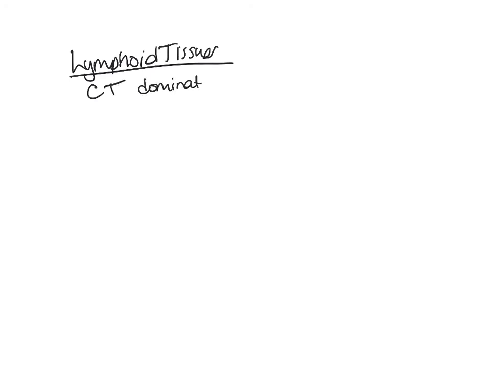Let's talk a little bit about lymphoid tissues. So lymphoid tissues are connective tissue that is dominated by lymphocytes. One such type of lymphoid tissue are lymphoid nodules.